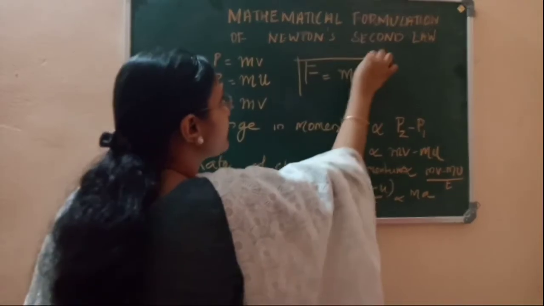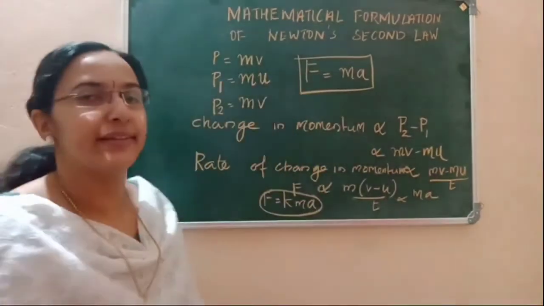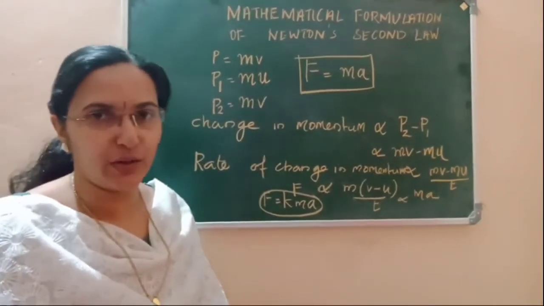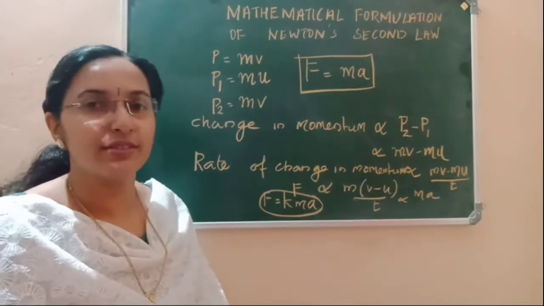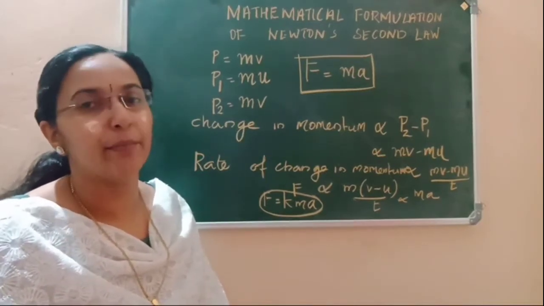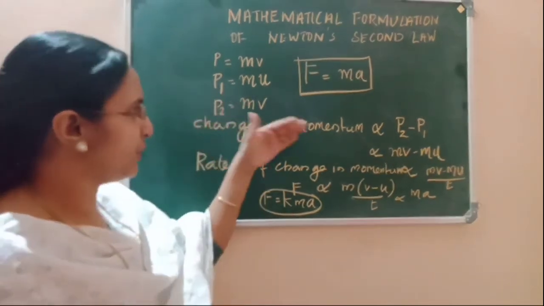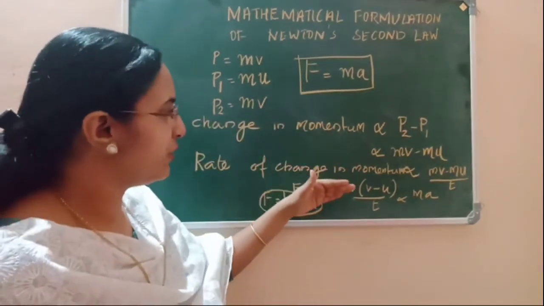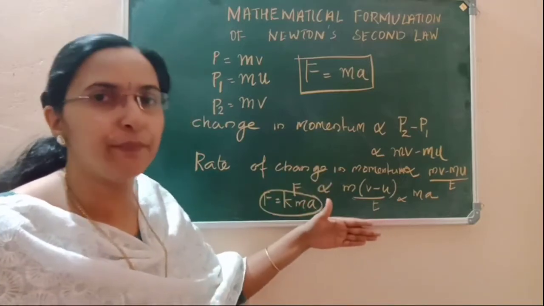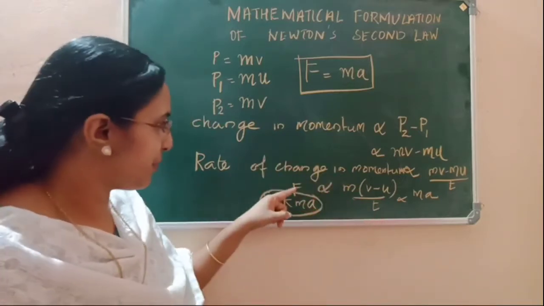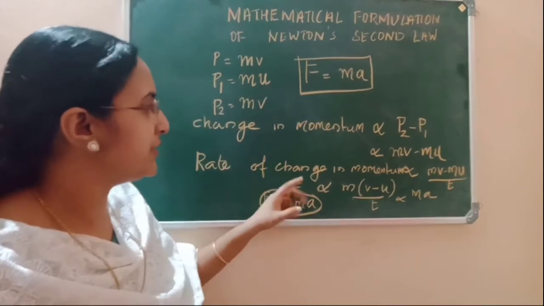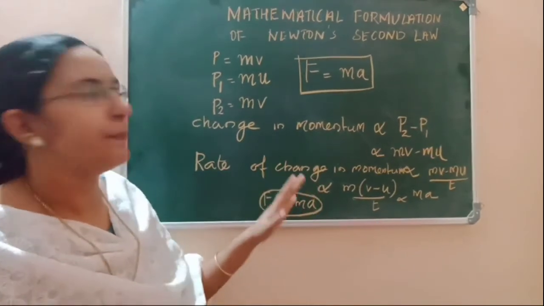This is the mathematical formulation of Newton's second law. Thus we found the equation F is equal to ma, mass into acceleration. We started from momentum, then wrote change in momentum, then rate of change of momentum, which is proportional to unbalanced force. Therefore, F is equal to ma.